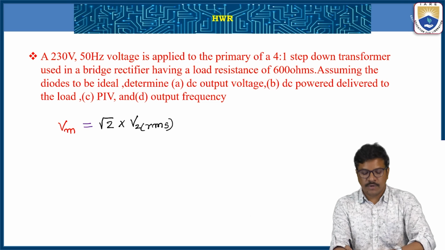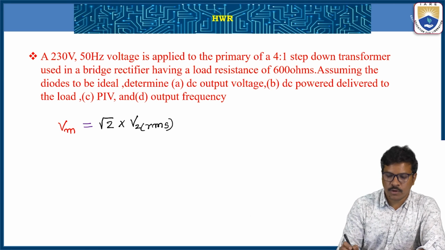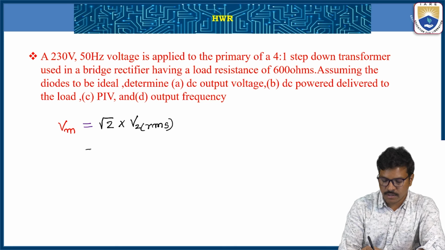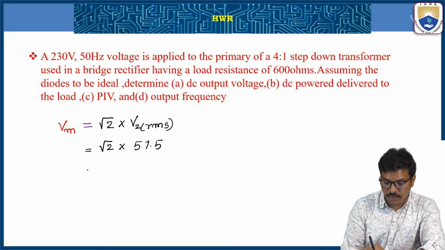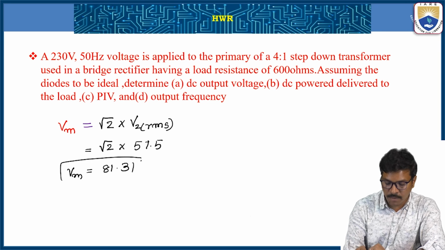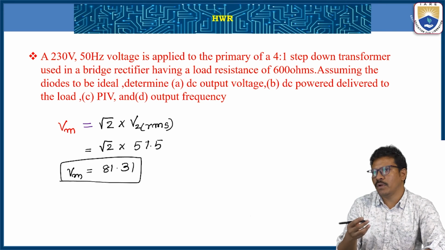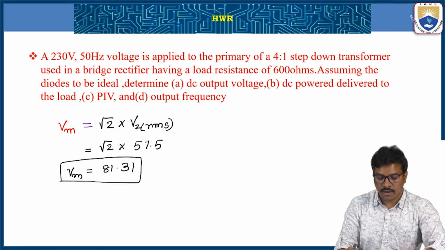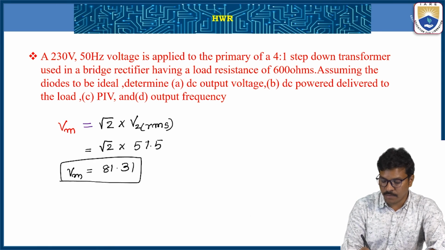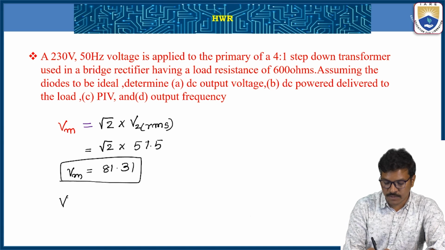We know the secondary coil voltage V2 RMS, so root 2 into 57.5, then we will get 81.31 as Vm. Once we find out Vm, then we can apply this Vm into VDC and PDC, ripple factor, everything.